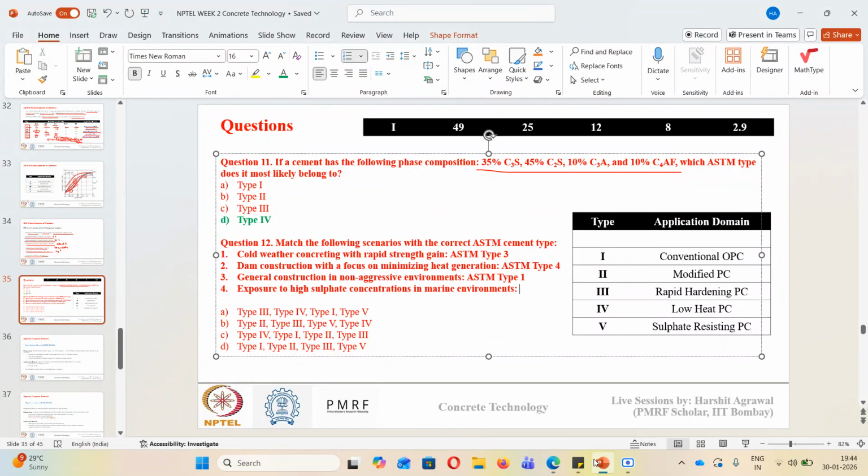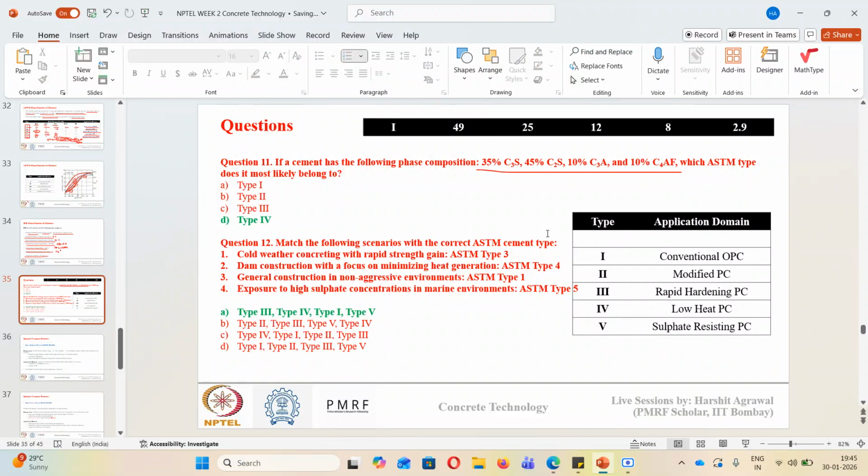Okay, so for such an area, I will require sulfate resisting cement. So that is ASTM type 5. Okay, so the correct answer will be option number A.